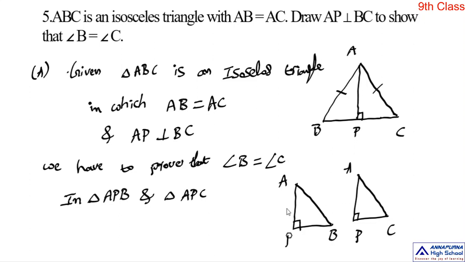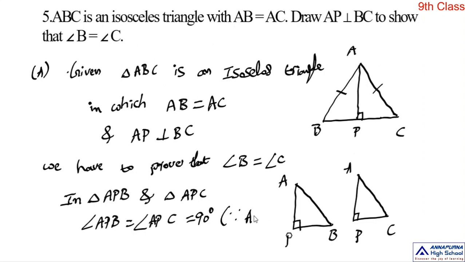Okay, observe these two triangles. Angle APB is equal to 90 degrees and angle APC is equal to 90 degrees. So these two angles are equal.